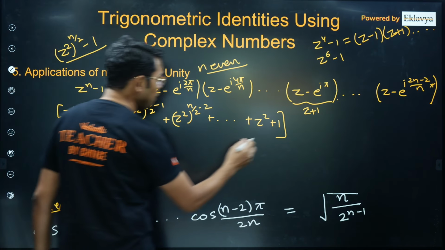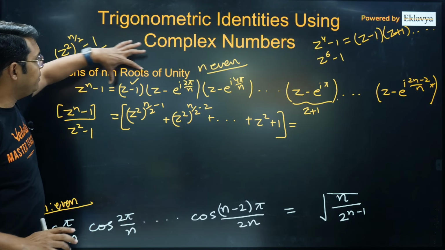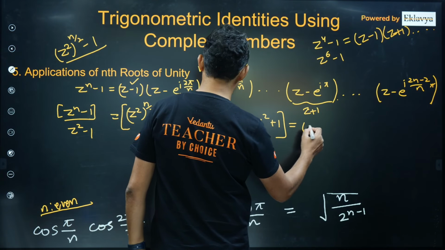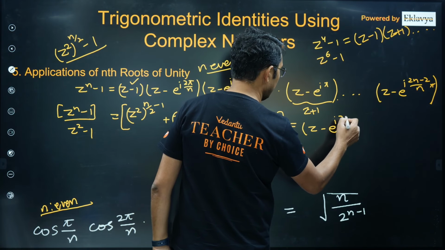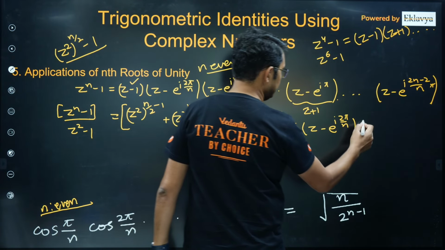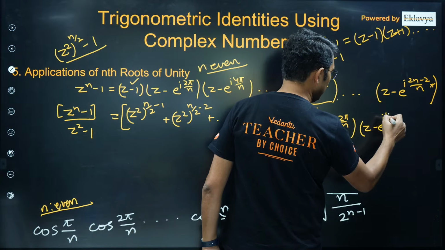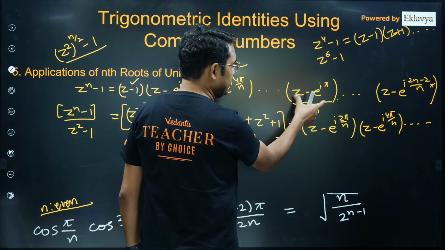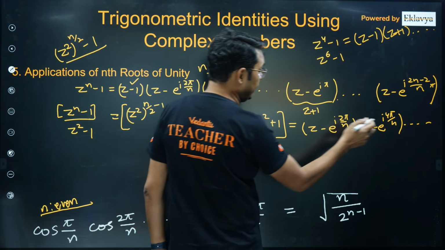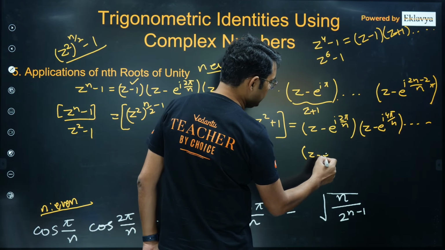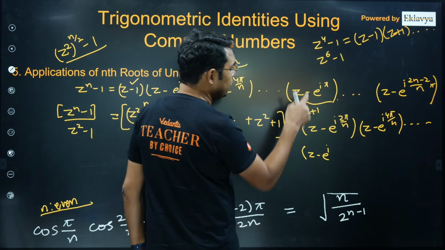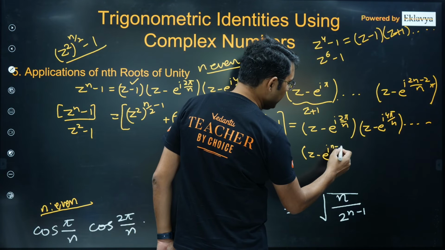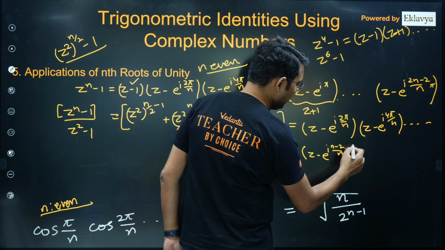Now this will be equal to the remaining brackets. So let me write the brackets: z minus e power iota 2 pi by n, z minus e power iota 4 pi by n, and so on. The term just before that would have been z minus e power iota n minus 2 upon n pi.